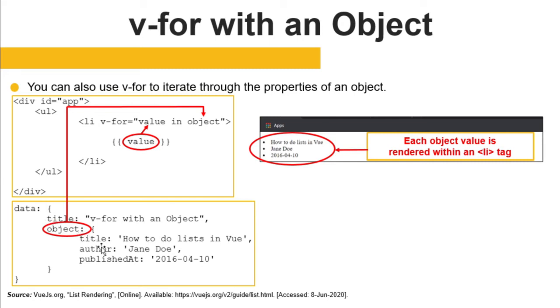Starting with title, we will be able to retrieve How to Do List in Vue for the first iteration, followed by the author, Jane Doe, for the second iteration, and followed by published at, which is the date being published, using the value alias inside the two pairs of curly braces, which is our syntax for mustache binding.